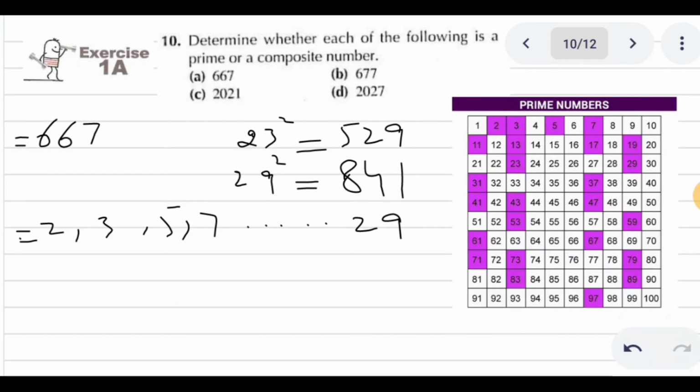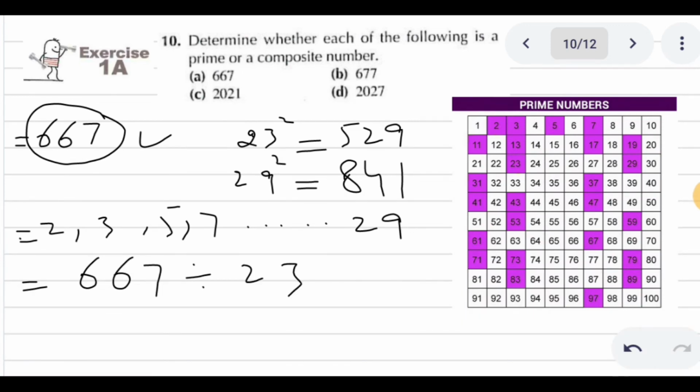If 667 is divisible by any of these numbers, then it means that it's not a prime number. And when we check it, we find that 667 is divisible by the number 23. Like I am going to solve it. 667 divided by 23, and the answer is 29. So it means that it is not a prime number, but it's a composite number.